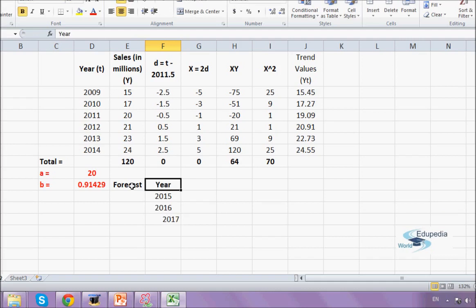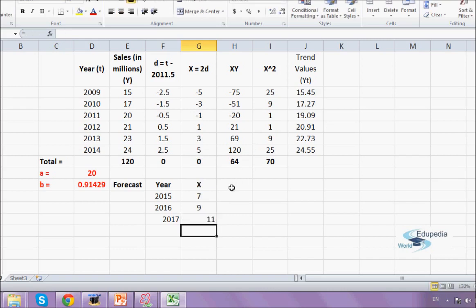So the values of X for these years, for 2015 it would be 7. We see here it's 5 for 2014. X is changing every half a year. Therefore, in 1 year it would change by 2 units. We'll add 2 units here, so it will be 7. The next one would be 9. Next one would be 11.